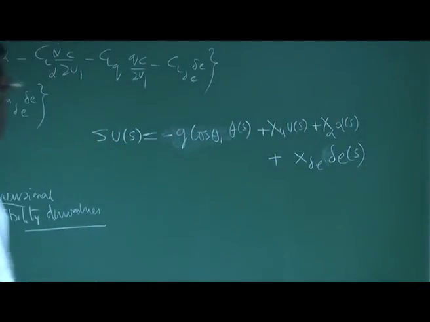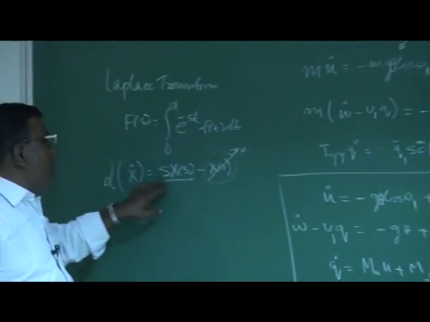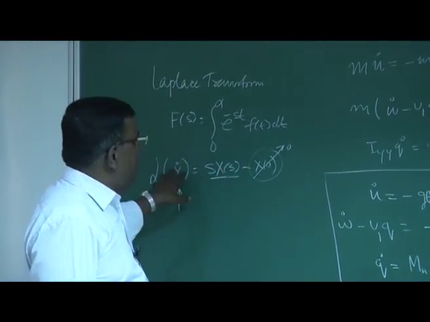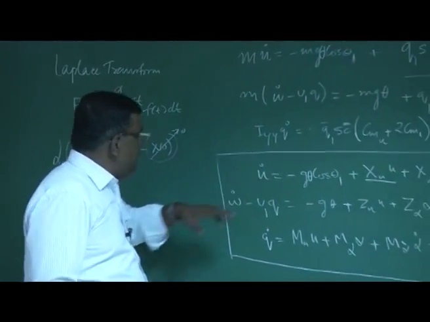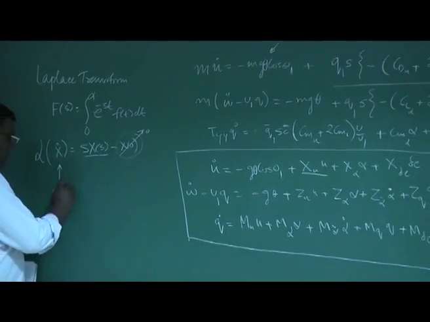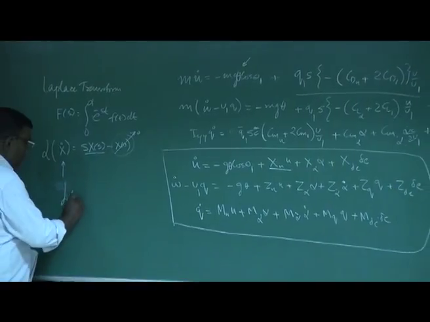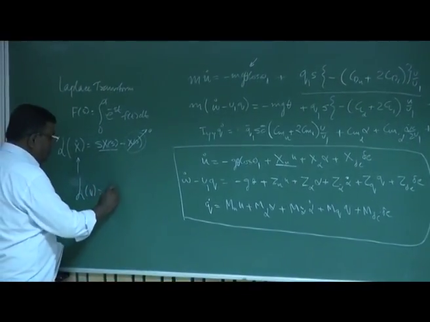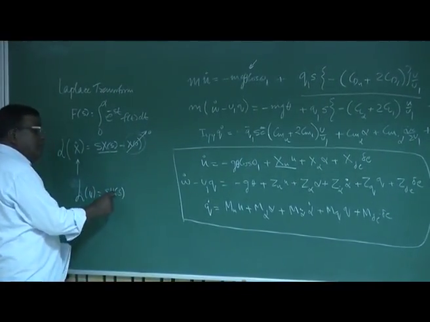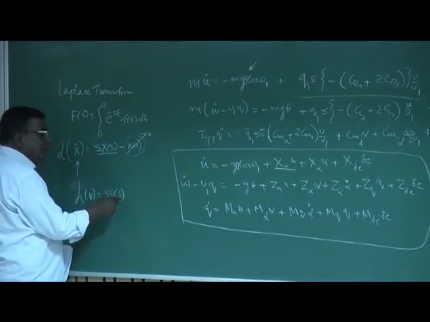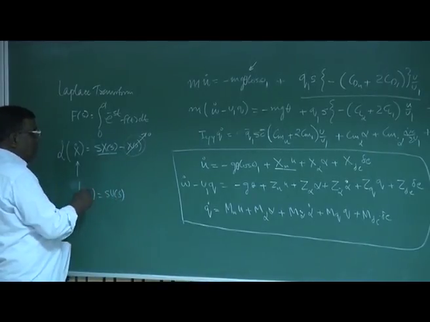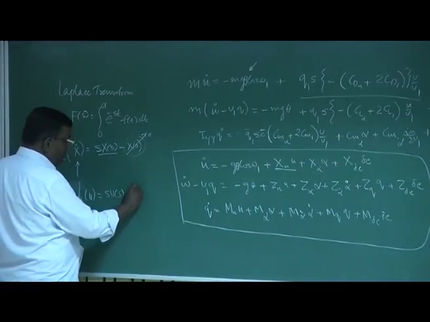You see here, if I understand that Laplace of x dot is s of x of s, then what will be the Laplace of u dot? Laplace of u dot will be s u of s, that is u in the Laplace domain, minus u of 0.